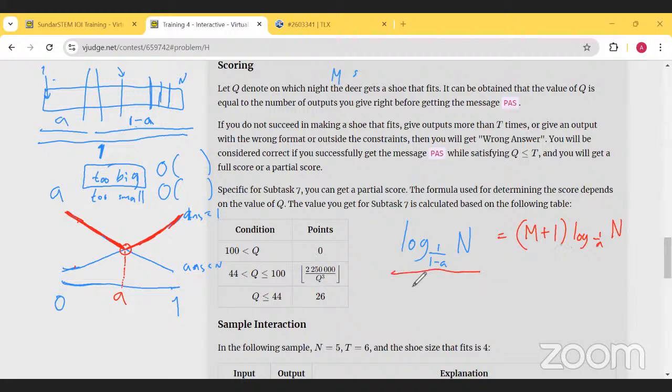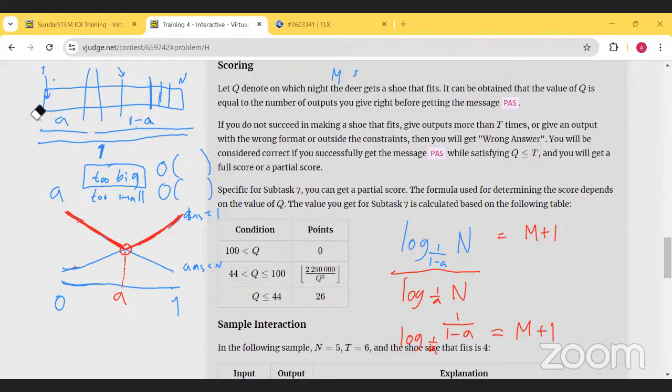So this is divided by log like this. And then we can change it into log with base 1 divided by A of 1 divided by 1 minus A. Okay, we got an equation like this.